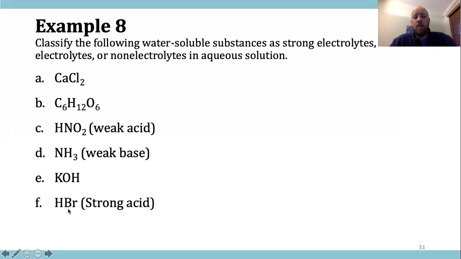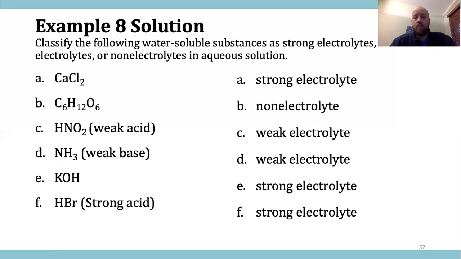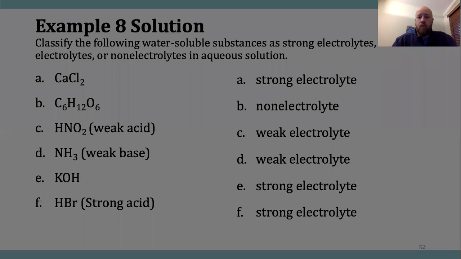And then HBr is a strong acid, so it is also a strong electrolyte. Whether potassium hydroxide is a strong electrolyte, we don't have enough information yet to make that call, but you'll have some information in a few minutes as I get to the slide, which I may do right after the break.